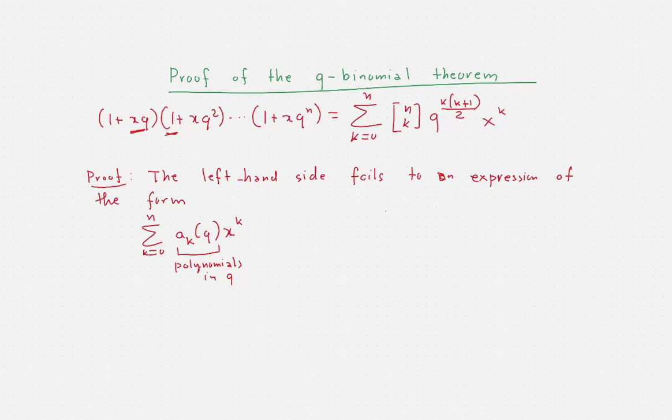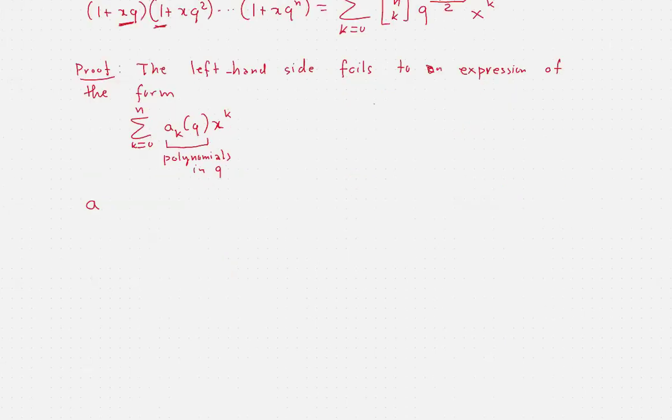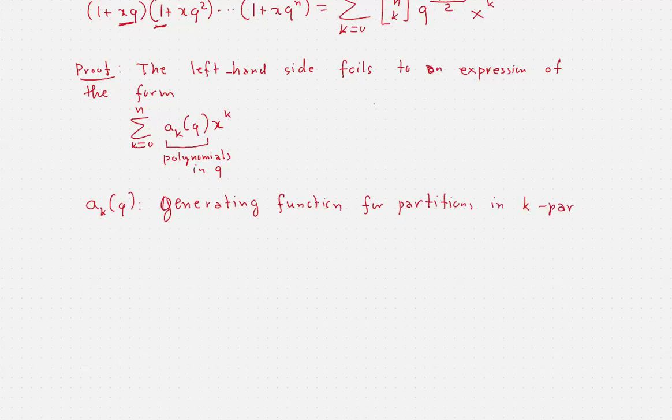So in other words, a_k(q) can be characterized as the generating function for partitions in k distinct parts, none of which exceeds n.